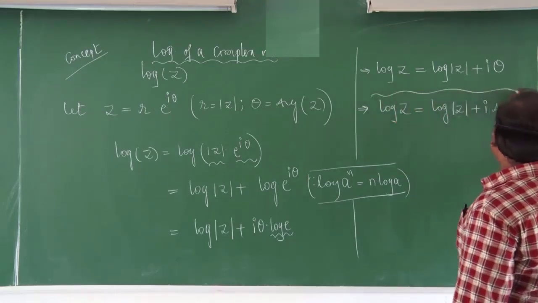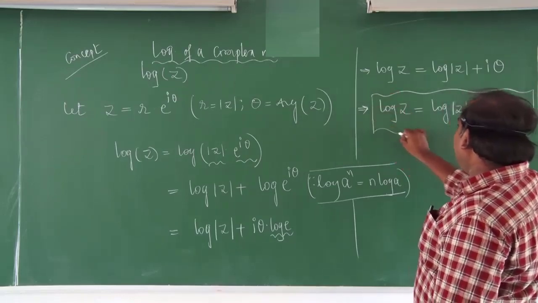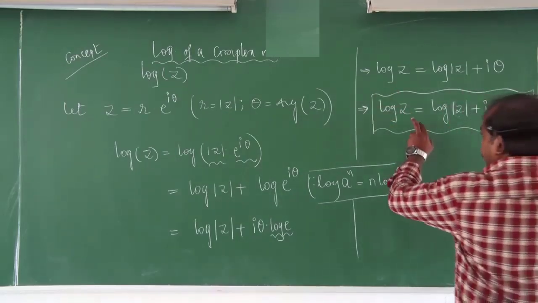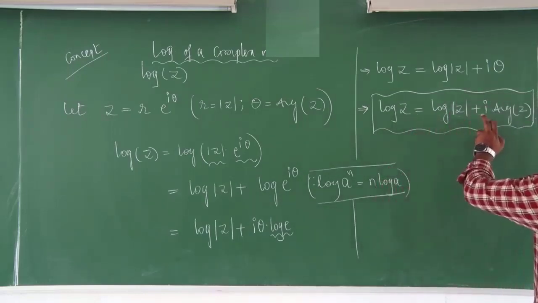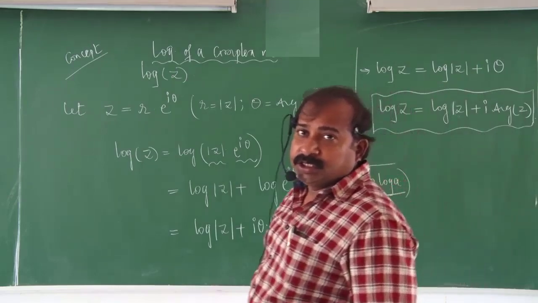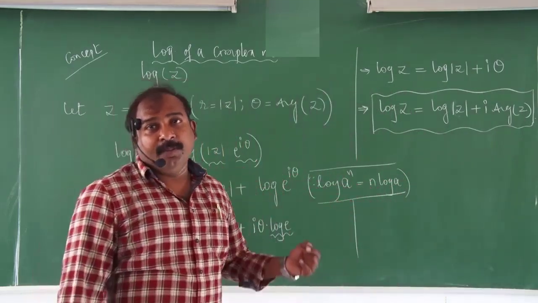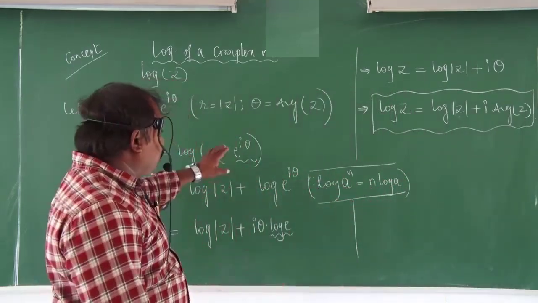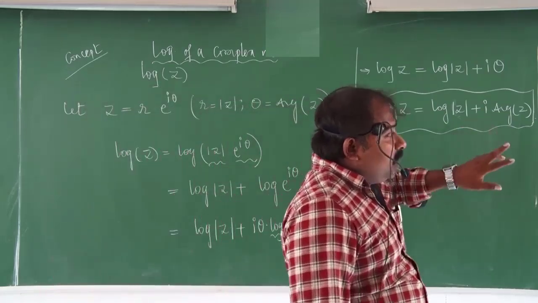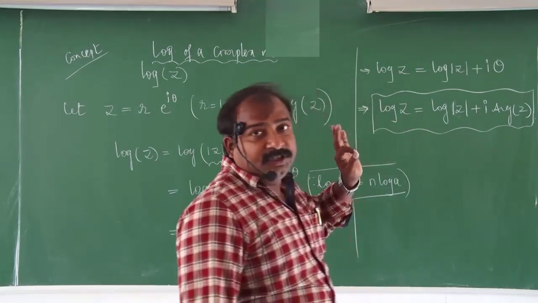This is the formula for the logarithm of a complex number. Remember this notation. So the logarithm of a complex number z is equal to log of mod z plus i into argument of z.